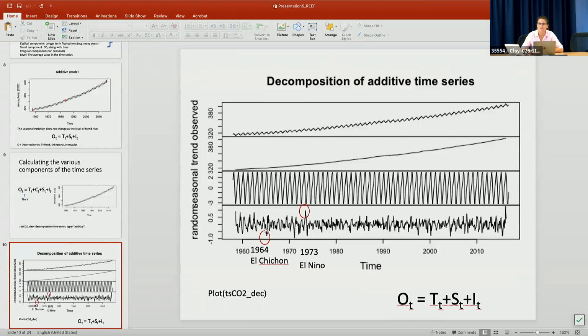So I have more CO2 in the atmosphere because less of it is in the plant. I have periods of, here's 1964, volcanoes. So it's interesting to look at the irregular components because sometimes you can learn something about your system.